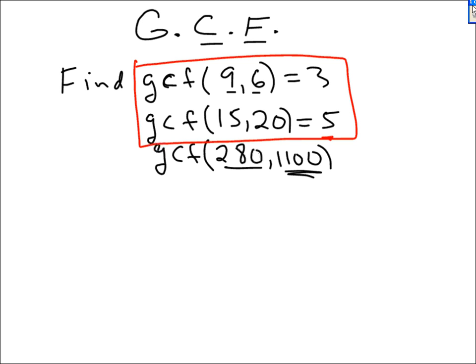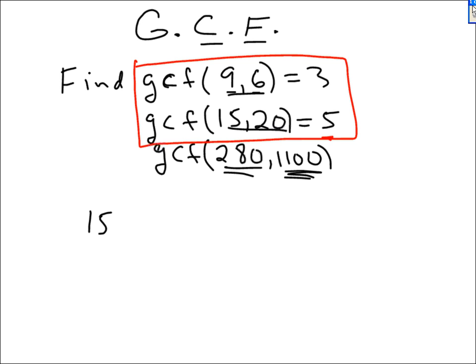This new one should definitely be used for large numbers like 280 and 1100. You can also use this new technique for small numbers, but you can use the first technique for small numbers. So rather than showing the new technique with large numbers like 280 and 1100, let's show it for the smaller numbers.